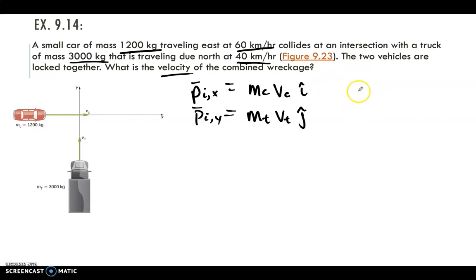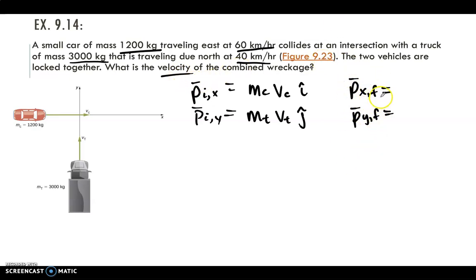So we should have some P sub x final, and then P sub y final. I should have put those in opposite orders, but it'll work.